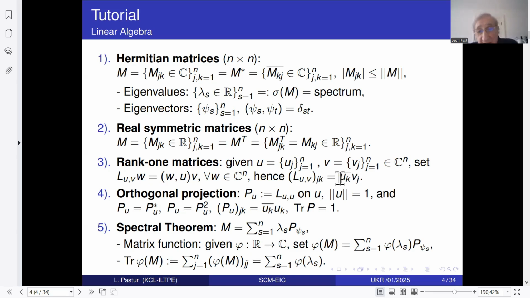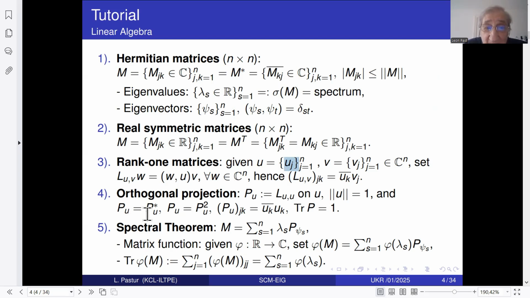A particular case of a rank 1 operator is when these 2 vectors are equal and their norm is 1. It's called an orthogonal projection, and it's Hermitian. A general rank 1 matrix is not necessarily Hermitian or real symmetric, but an orthogonal projection is Hermitian.